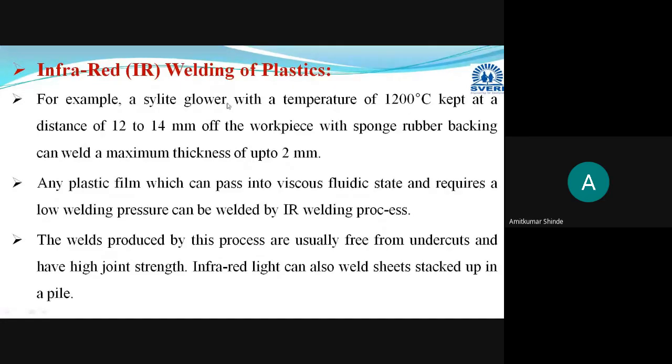The glower acts as a source for infrared light waves. It is kept at a distance of 12 to 14 millimeter from the workpiece, and that workpiece has a sponge rubber backing, which acts as a holding fixture. You can obtain a weld thickness of up to 2 millimeter here. This is one practical example.